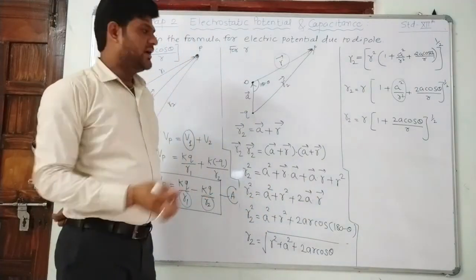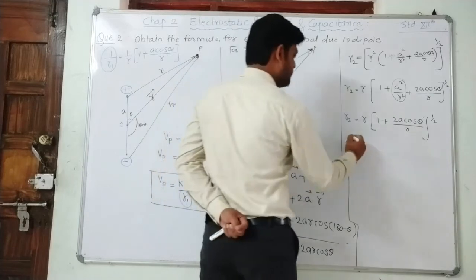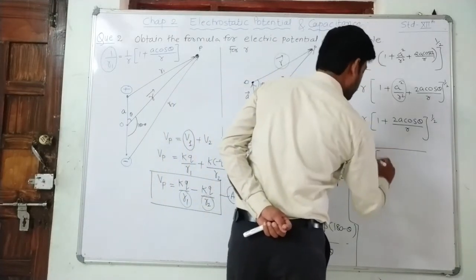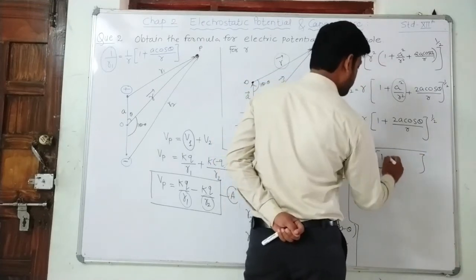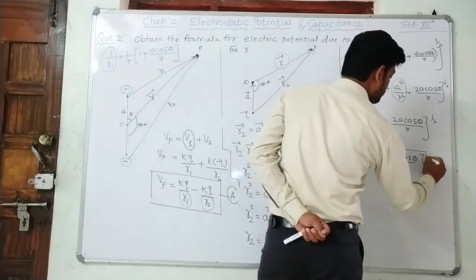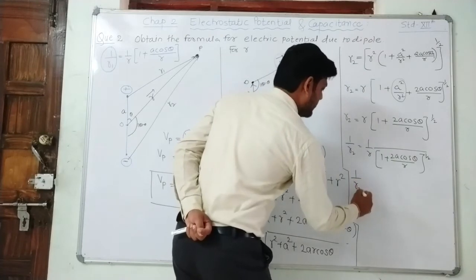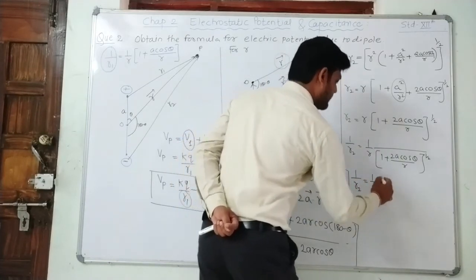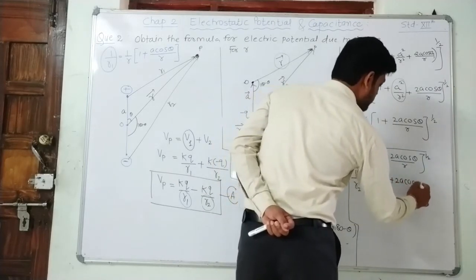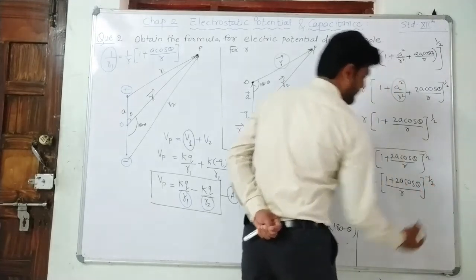We want to calculate 1 by r2. So rearranging the equation, 1 by r2 equal to 1 by r, 1 plus 2a cos theta by r raised to half. We will take the term to the upper side: 1 by r2 equal to 1 by r remains as it is, 1 plus 2a cos theta by r raised to minus half.